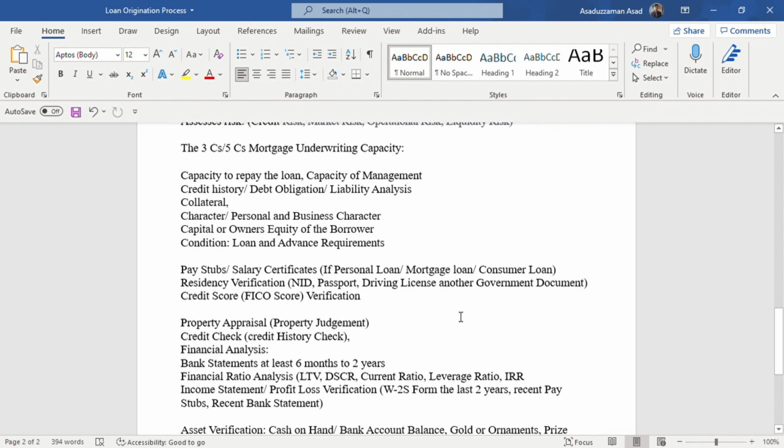Financial analysis is very important to provide a limit or credit limit or a loan in favor of the borrower or a client. It is very important. All types of financial statements will be judged by the underwriter, because the financial statement will say the present financial condition of the borrower.